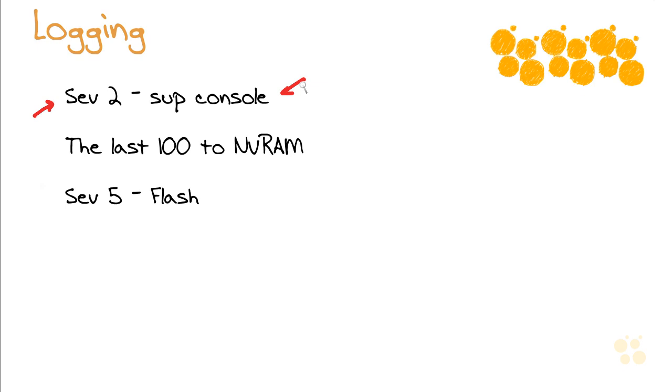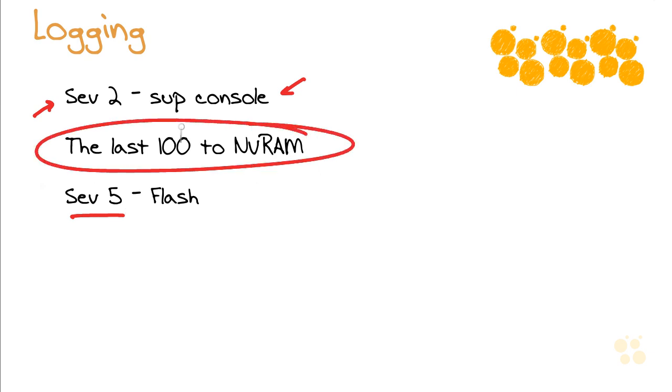The last 100 messages of this severity level 2 or lower are going to be logged to the NVRAM of the switch supervisor, and messages of severity level 5, which is the notification level or lower, are going to be logged to a log file in Flash. Now, you can certainly change severity levels, file names, and file sizes of the log file in Flash, for instance, but the NVRAM logging behavior is typically not configurable.